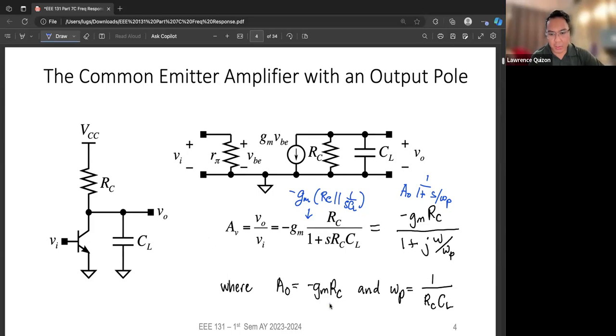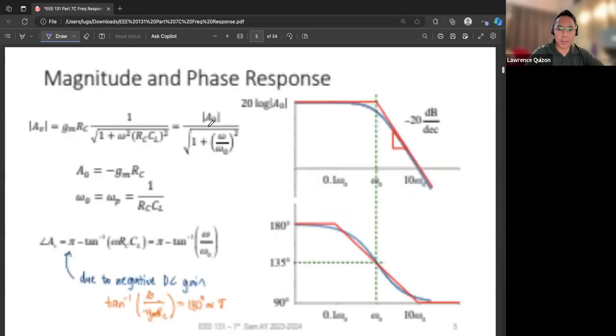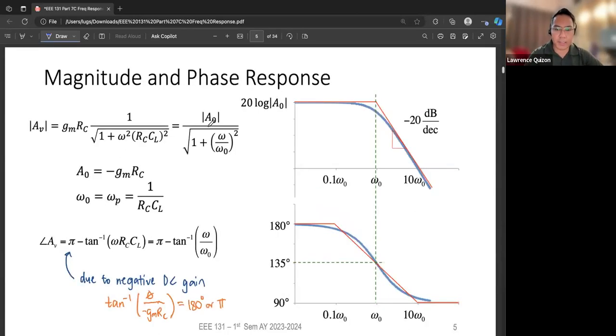So A0 here becomes negative gm R_C, which is what we expect. It's a common emitter amplifier. We know the gain of a common emitter amplifier: it's gm times the load resistance. But now it also falls off at high frequencies. You can see this in the next slide.